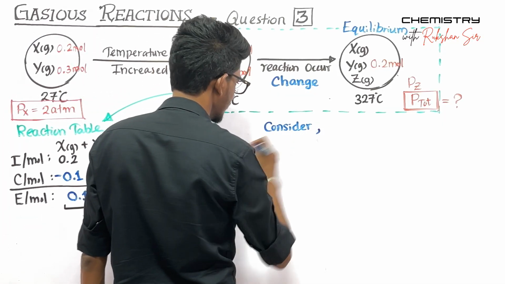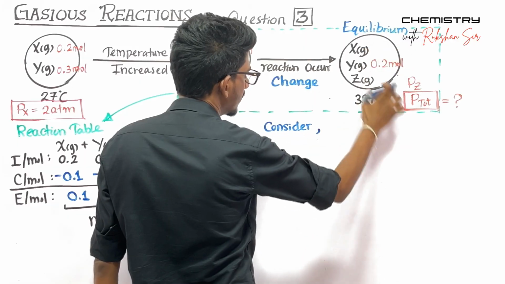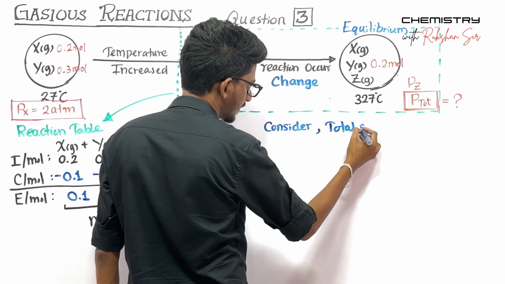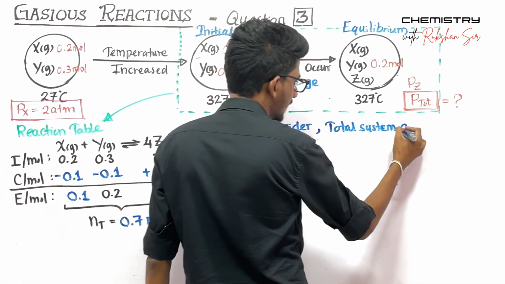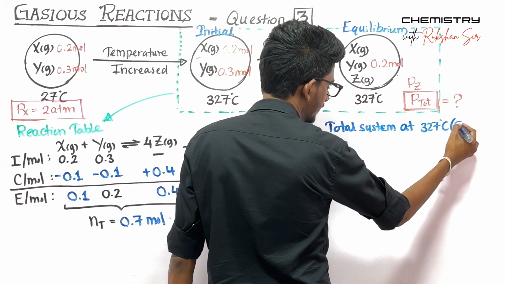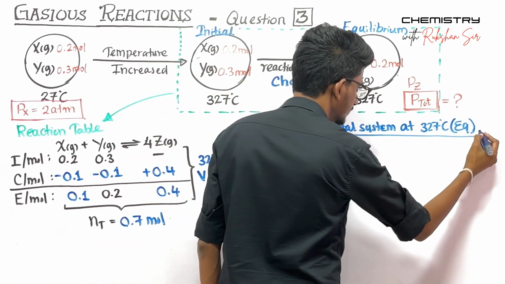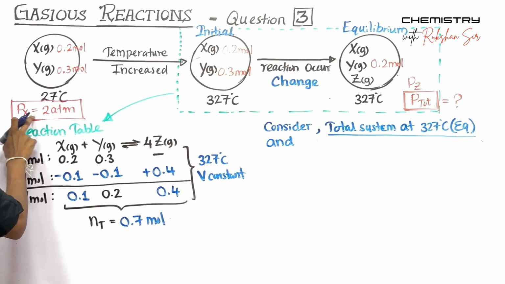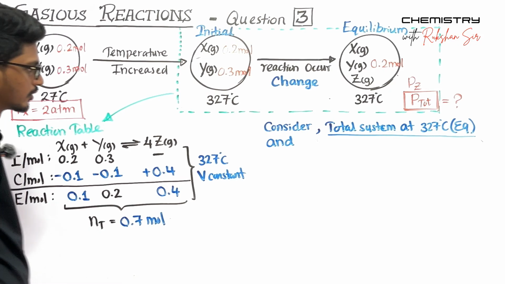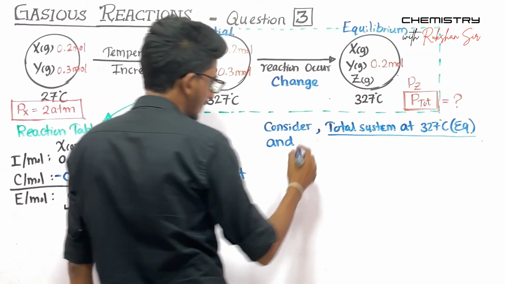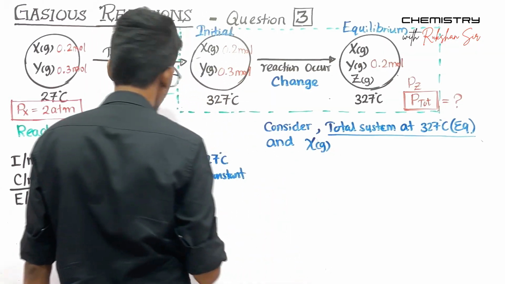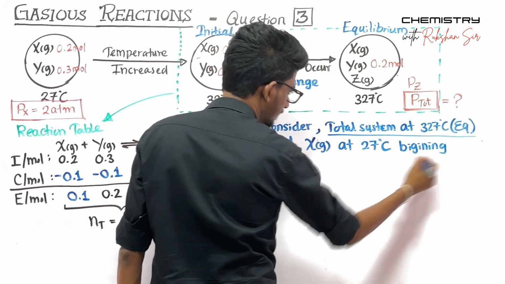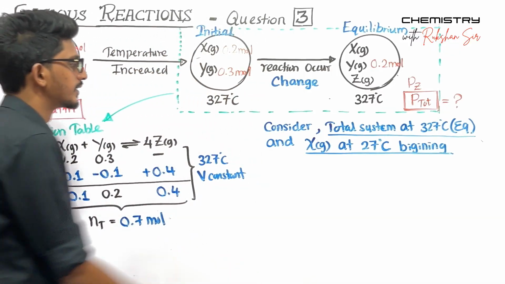Consider what the two systems are. The total system, P total, at 327 Celsius equilibrium, and this system, for which we know the pressure, is for the component X. So consider X gas at 27 Celsius degree.